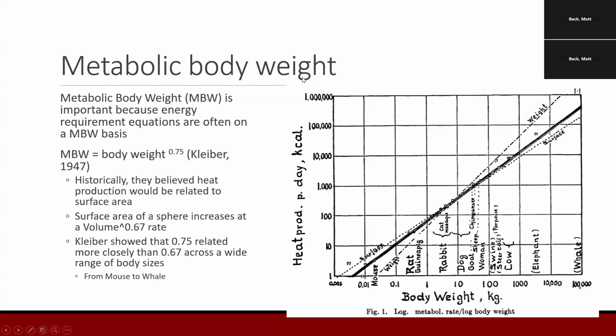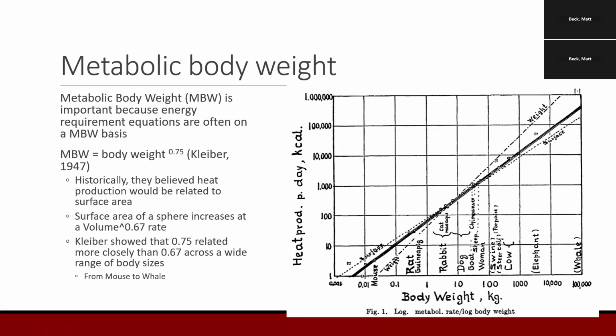Also, we're going to use metabolic body weight in this class. Metabolic body weight is shrunk body weight raised to the 3/4 power. I know you talked about this in feeds. Max Kleiber in the 40s related heat production per day, log of heat production versus log of body weight, from animals as small as a mouse to as large as a whale, and found that the slope of that line was 0.75.